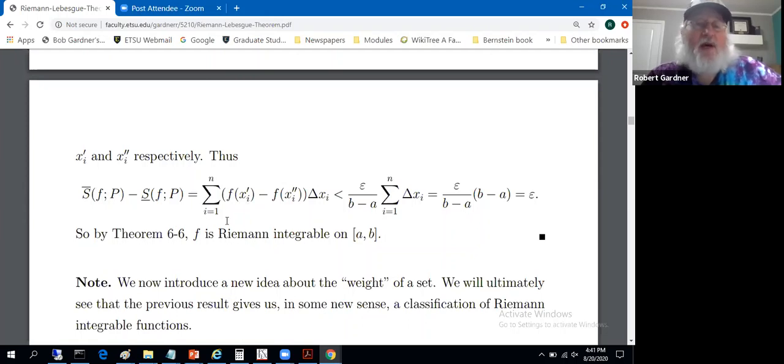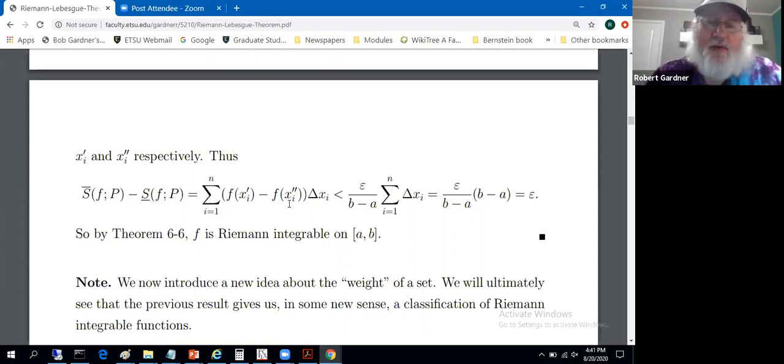So we've got a sum of maximum values times delta x sub i's minus a sum of minimum values times delta x sub i's. If I got a continuous function, I can say maximum and minimum, and I ain't got to go through that supremum infimum stuff that we did above. So write these both as sums and factor the delta x sub i out one side and write it as a single sum. We get a sum of these differences here.